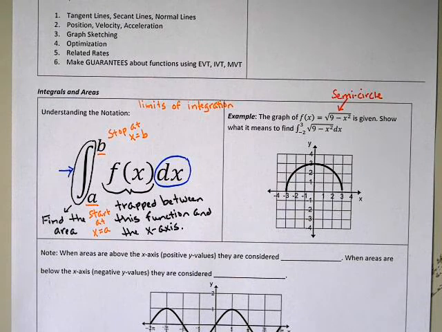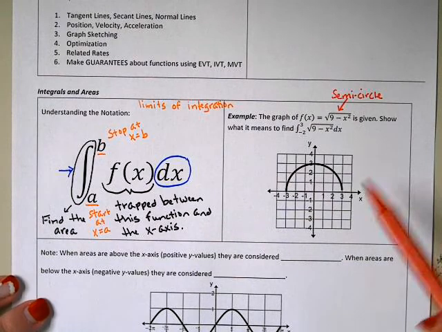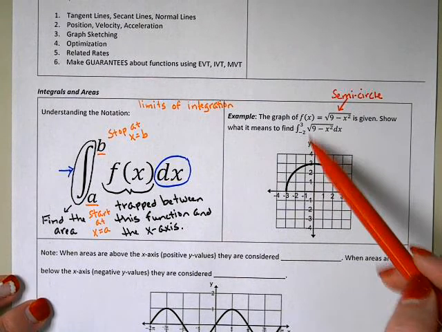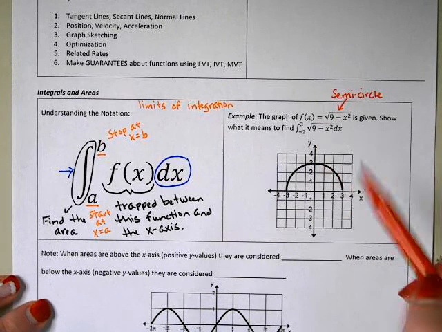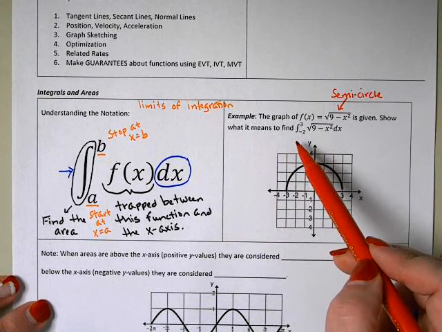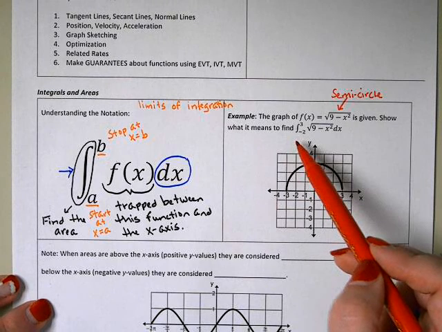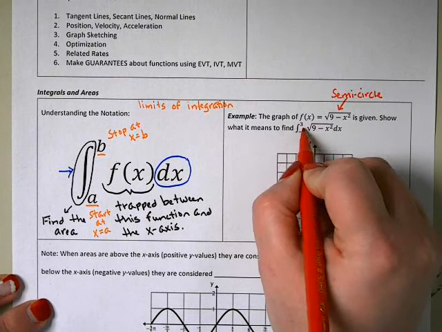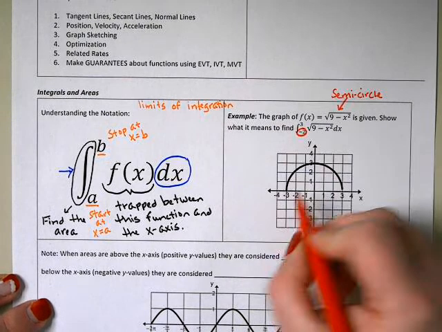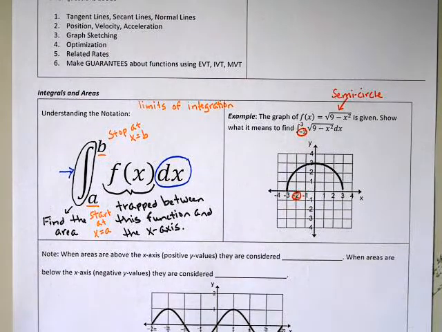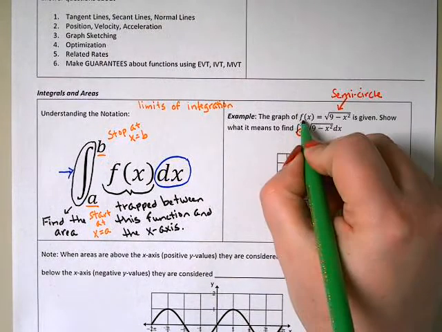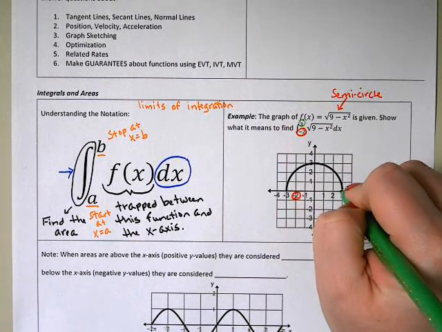Alright, so show what it means to find the integral from -2 to 3 of the square root of 9 minus x squared dx. Well, we know because we've got this integral that we're going to be finding an area. Alright, and it tells us that we're going to start finding our area at -2, so that's right here. And we are going to stop finding the area at 3, which is right here.